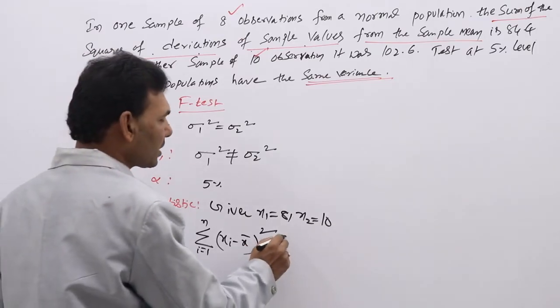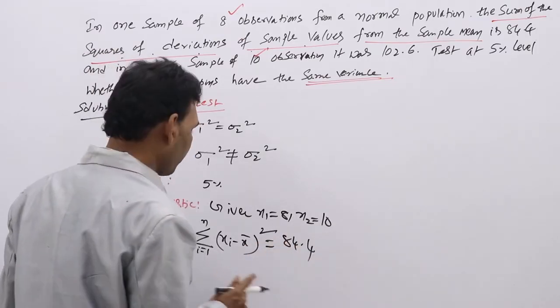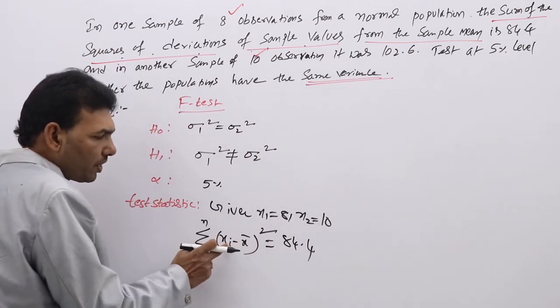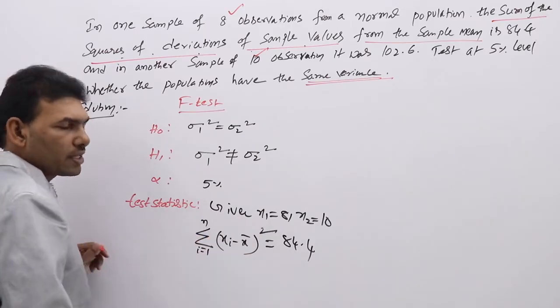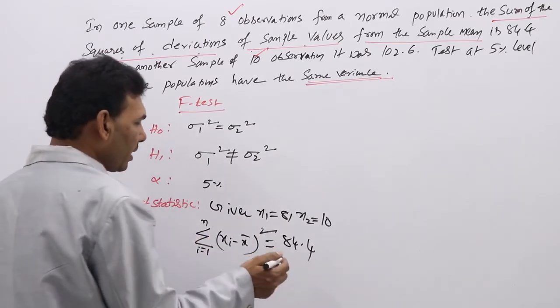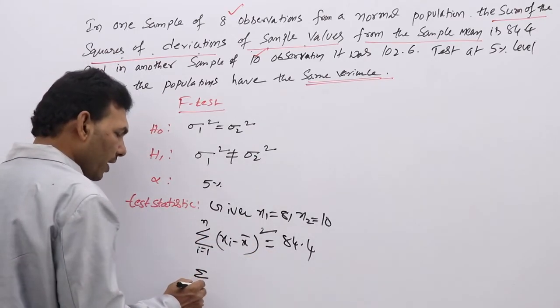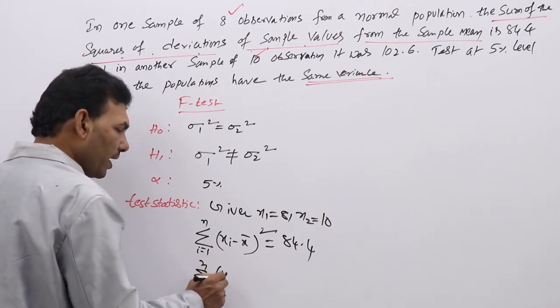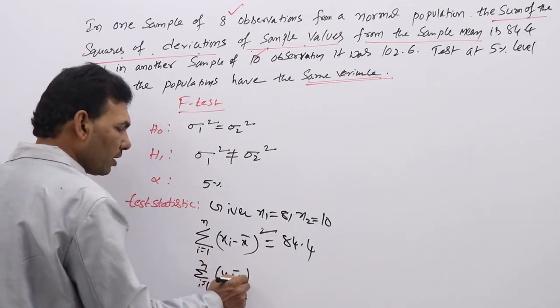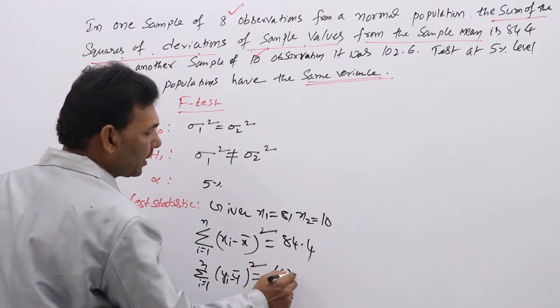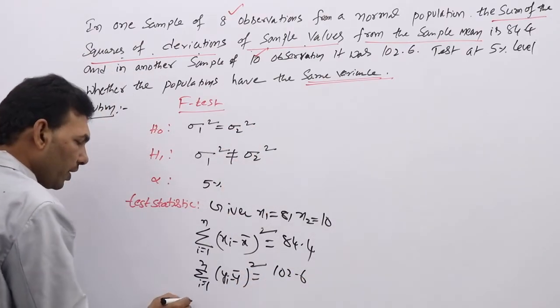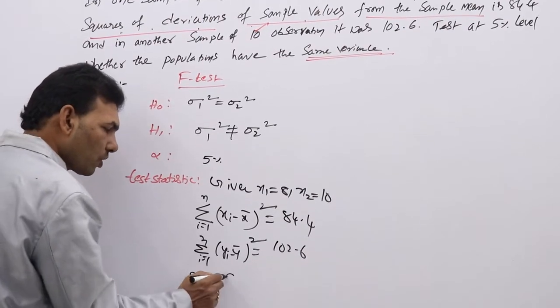How much is it? 84.4. Similarly, for the second sample also, the sum of (yi minus y bar) whole square is given as 102.6.